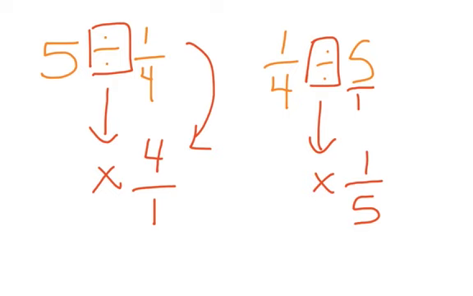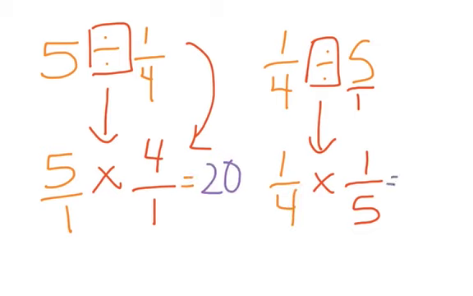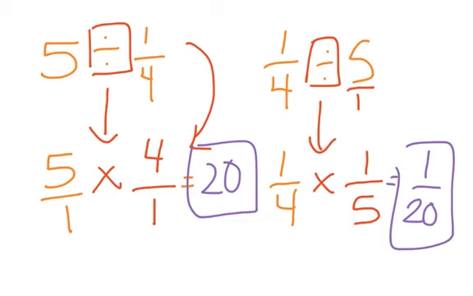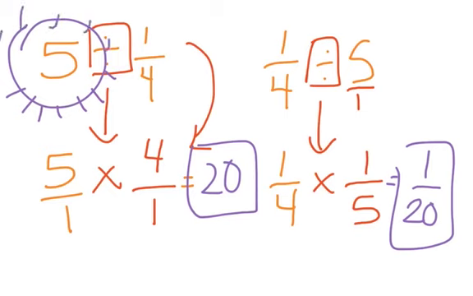This first number stays the same. And when you multiply, this would be 20. This would be 1/20. Okay? That's the difference. This is a whole number being split into all these pieces. This is a small little piece being split into all these small little pieces.